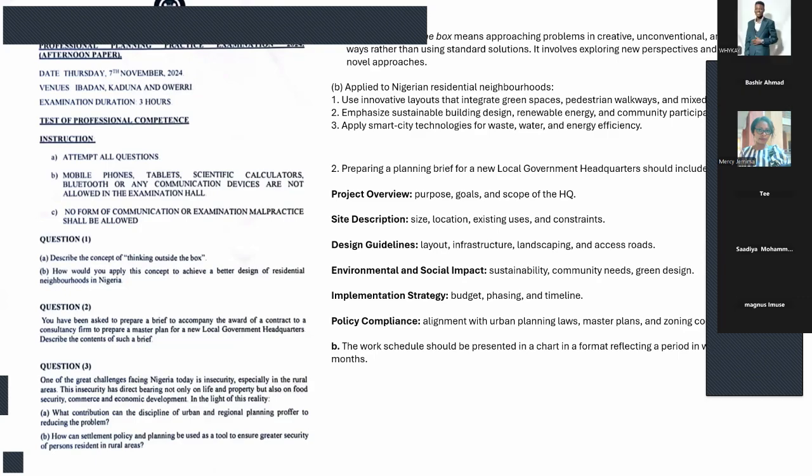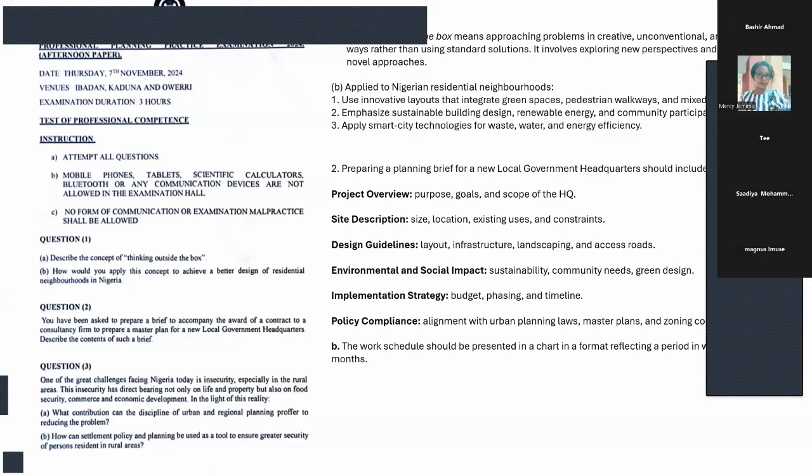So a brief is just information regarding the local government, the people, their religion, the history of the place, if they have any environmentally sensitive areas, if they have any water body, lakes, streams, everything, all information relating to that local government.